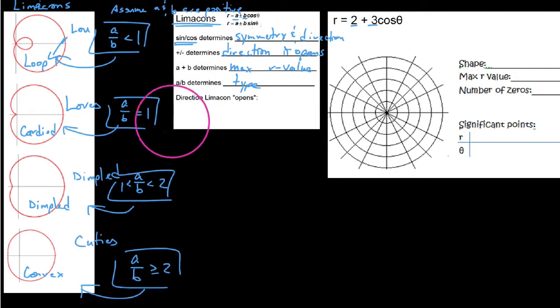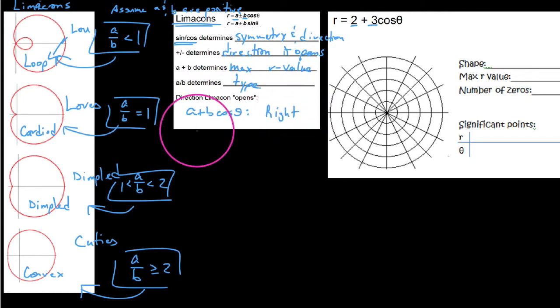So using the scheme, I want to make some general statements here. What if we had a plus b cosine theta? We would know we have something symmetrical with respect to the x-axis, and with b positive, this would open to the right.